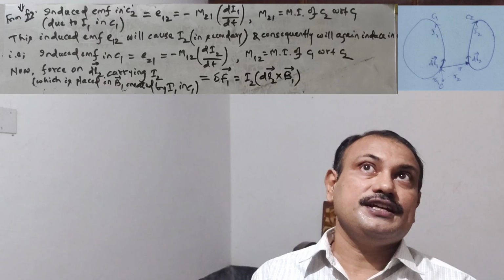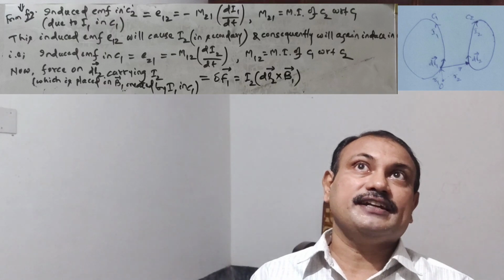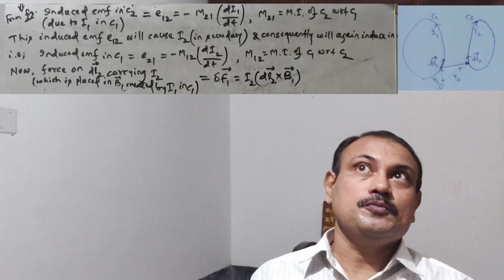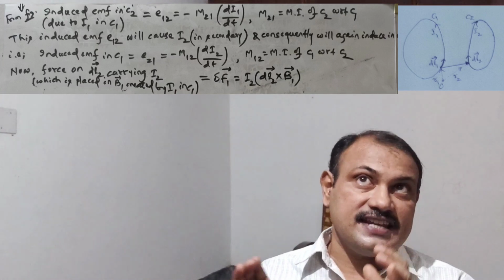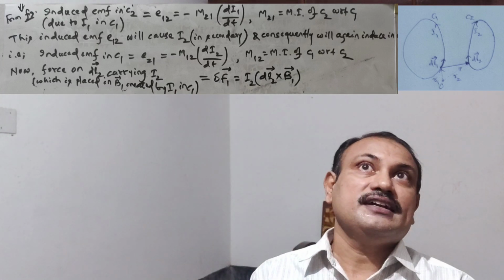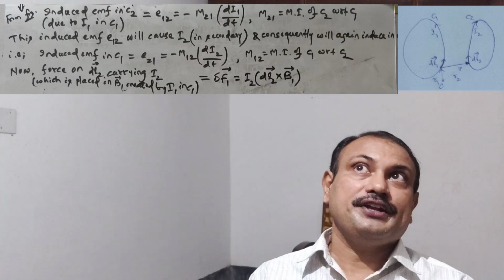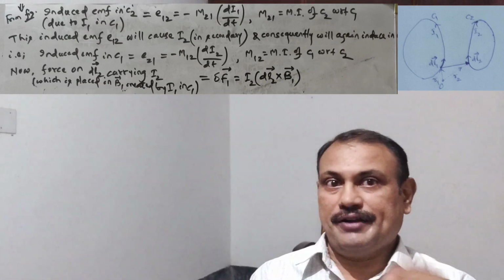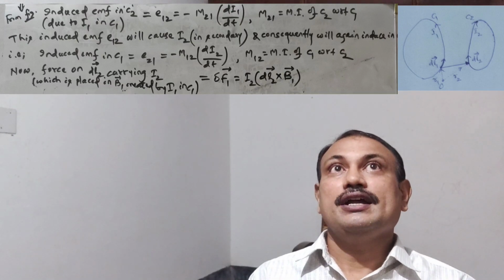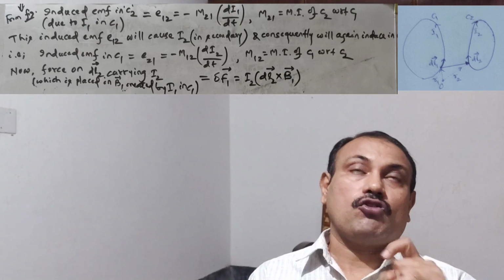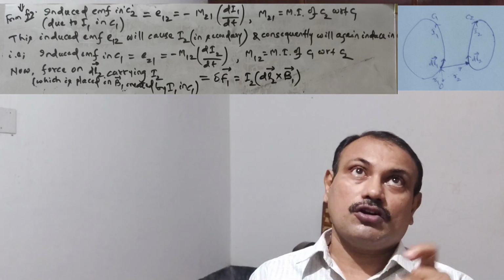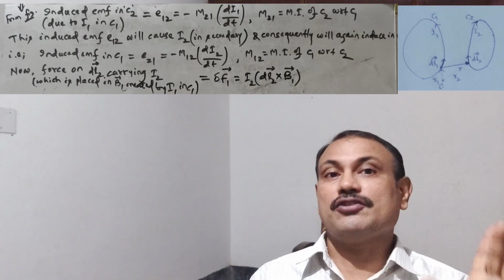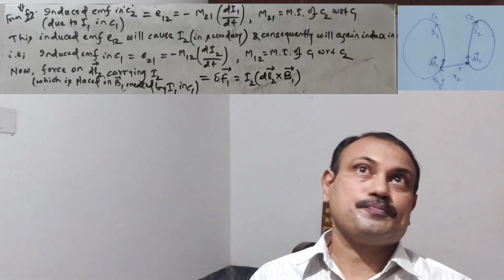The force on the differential length element dl2, which is carrying the current I2 and is placed in the field B1 created by the current flowing in C1, is delta F1 equal to I2 times dl2 vector cross B1, recalling F equal to IL cross B, the magnetic force.